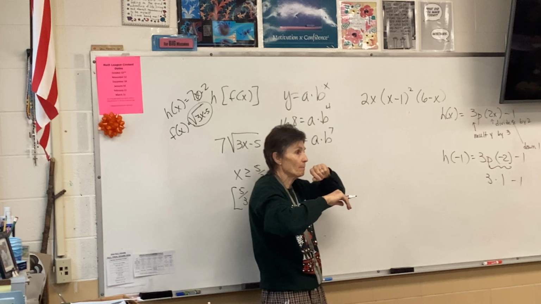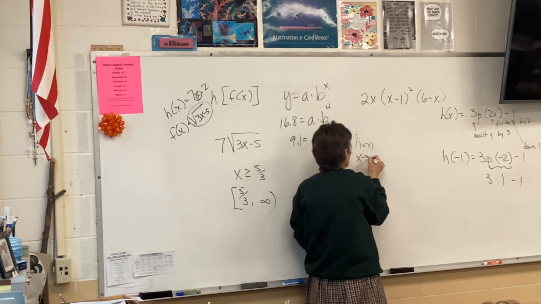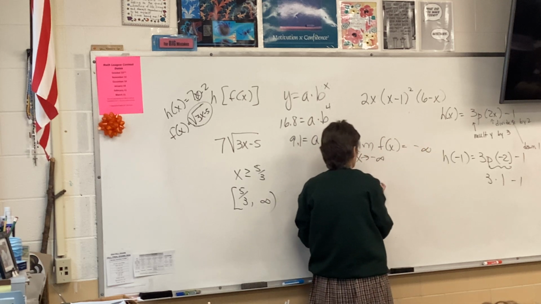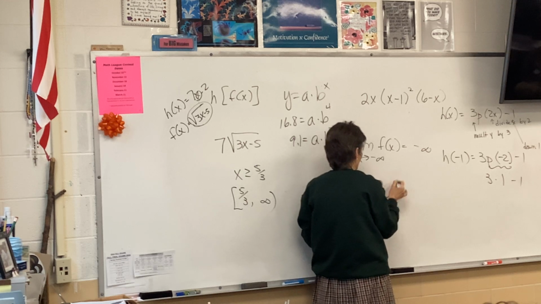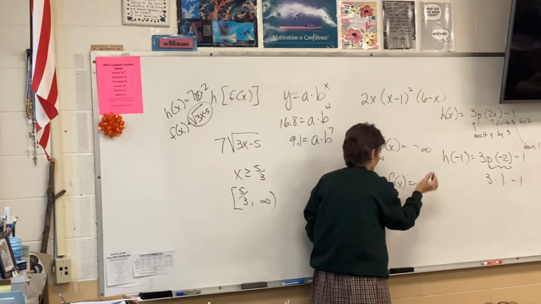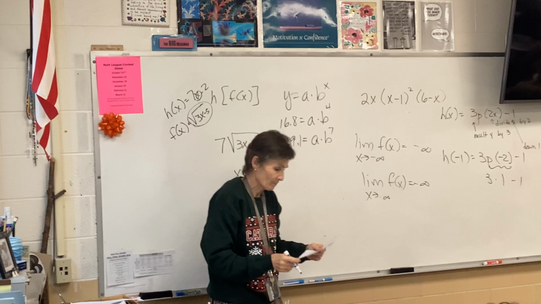So it's not going to be up, up, it's going to be down, down, which means your end behavior on both sides is negative infinity, because it's an even degree polynomial.